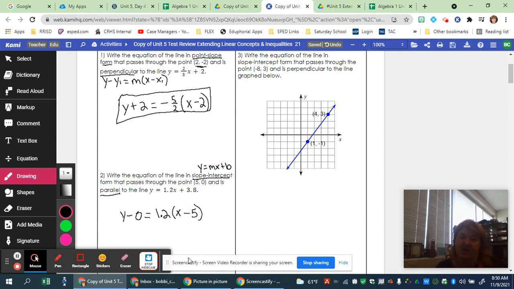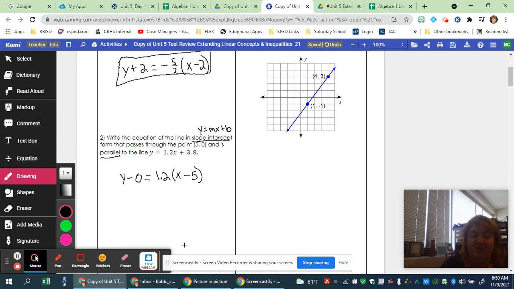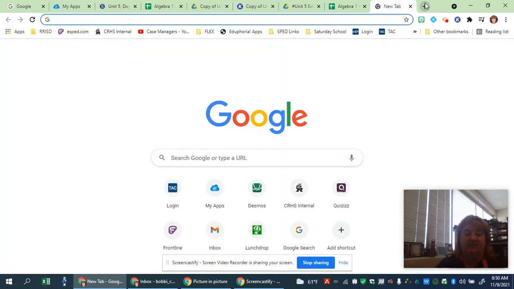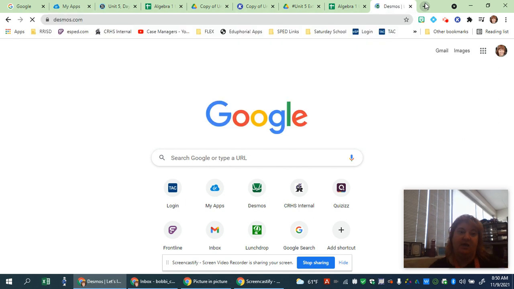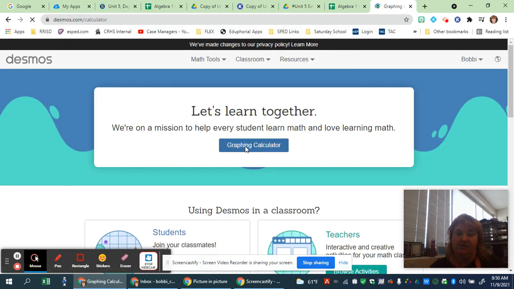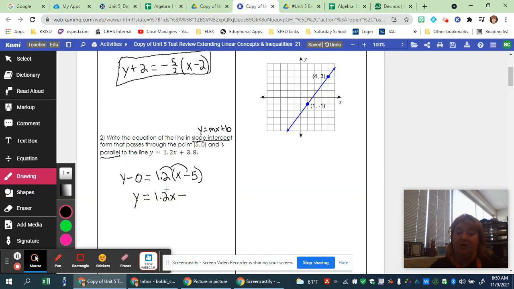Okay. Well, this actually made it a little bit easier for me because I'm already at y. Y equals, and now all I have to do is distribute. 1.2x minus, now remember, on Desmos, desmos.com, you have a calculator. And so I actually can tell you right off what 1.2 times negative 5 is.